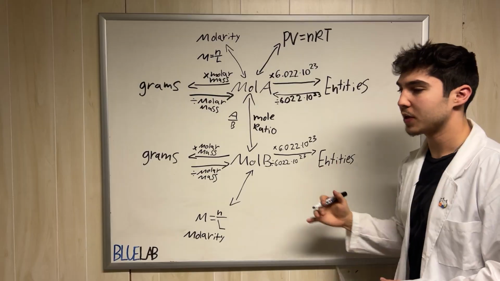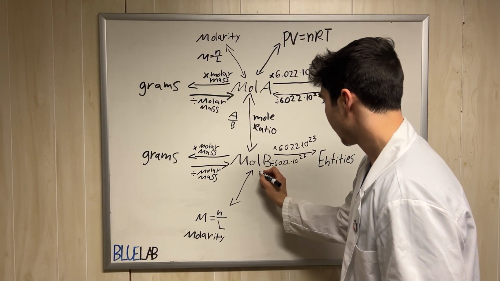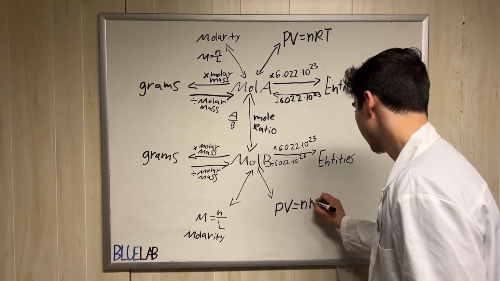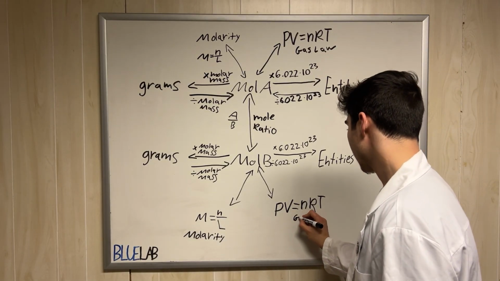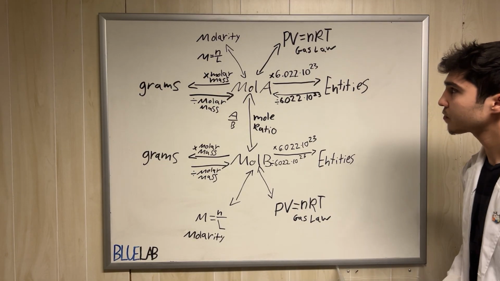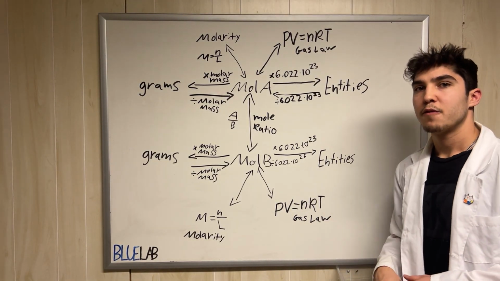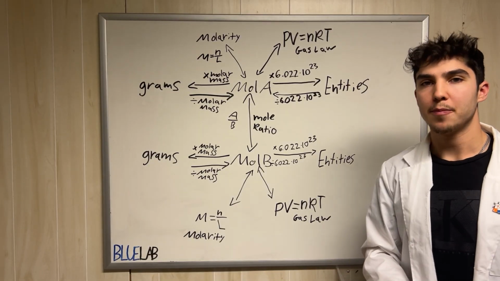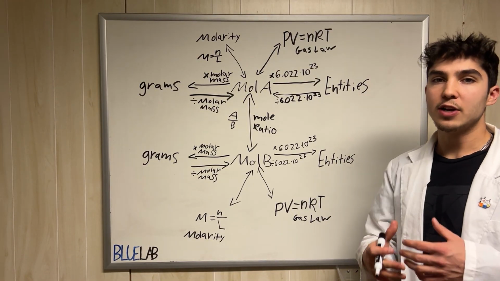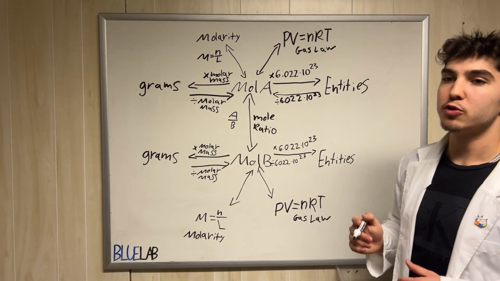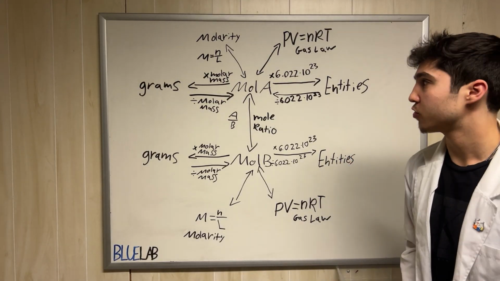And we can again replicate this on the bottom. For now, this is going to be our completed mole map. This is going to give you a great introduction to being able to move between conversions in general chemistry.